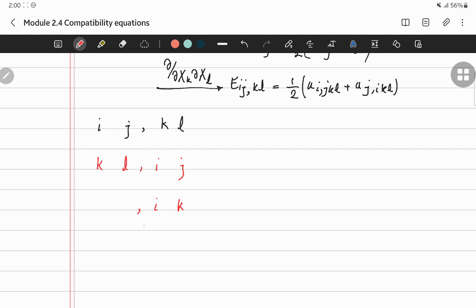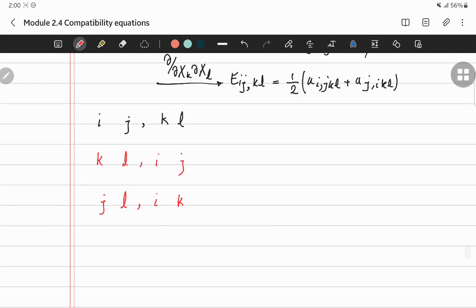The only remaining ones are J and L, so I have J and L in here.